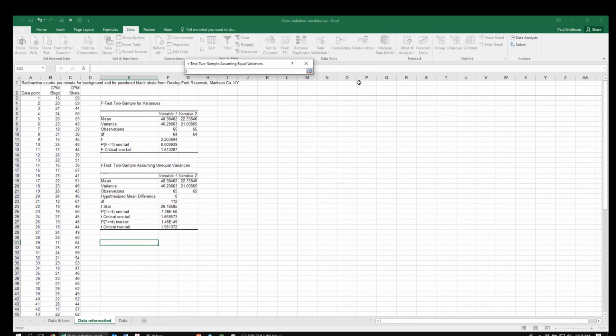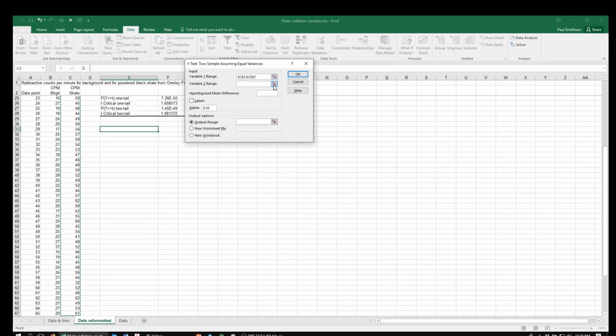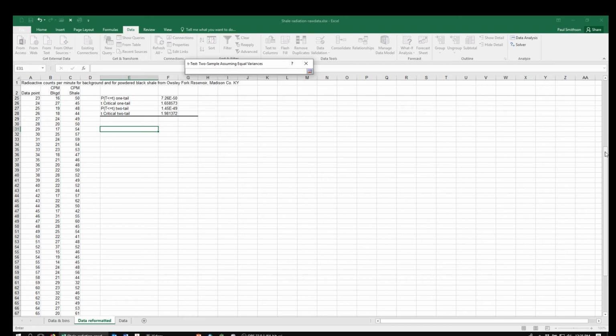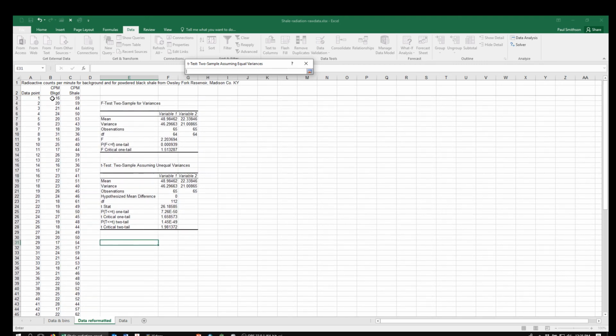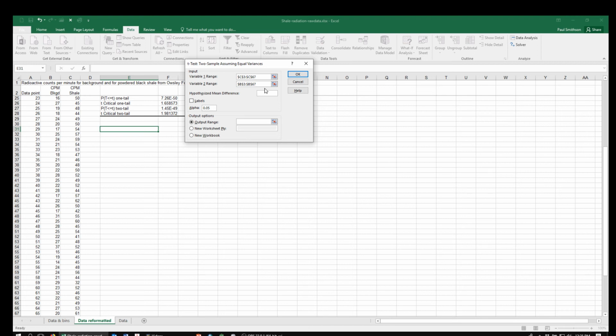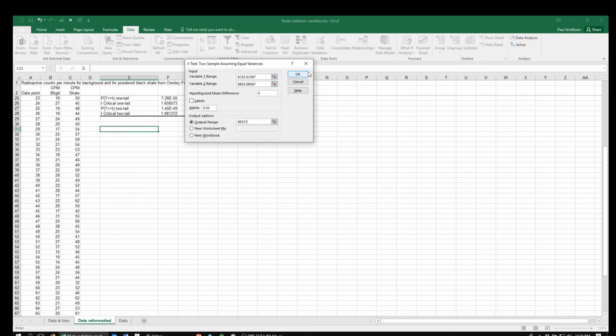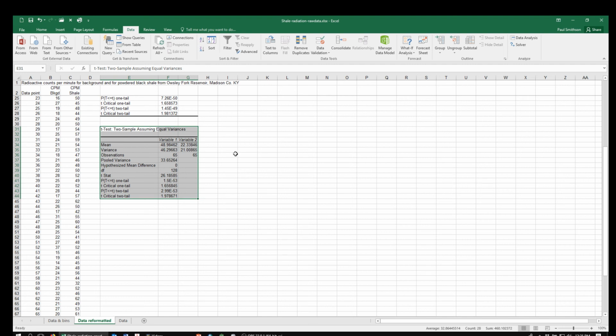We'll go up here and highlight our shale data, then we will highlight our background data. Hypothesized mean difference is 0. Our output range, well, that looks like a good place to put it right there. And we say OK. And here, our t-stat is 26.2.